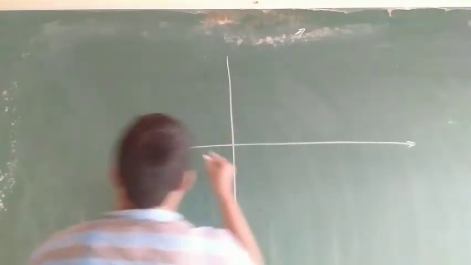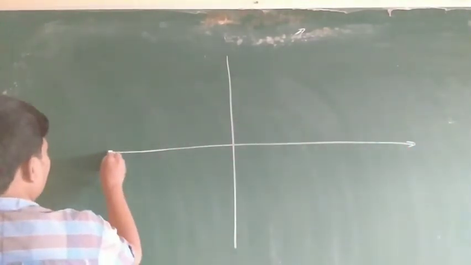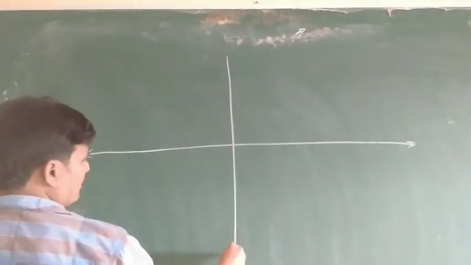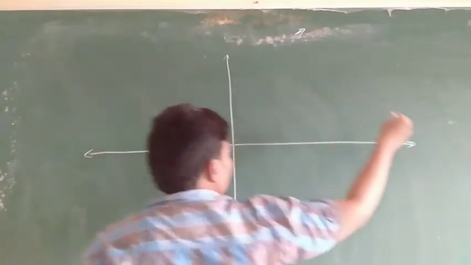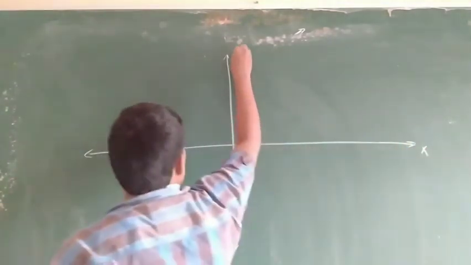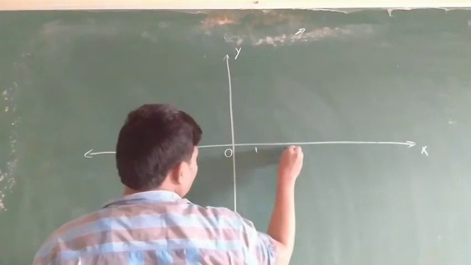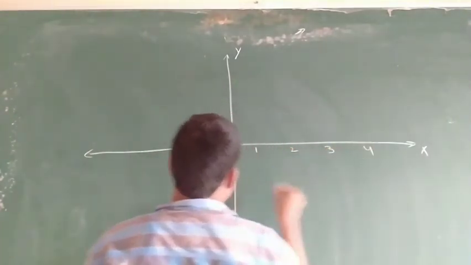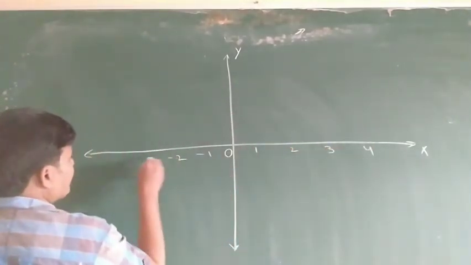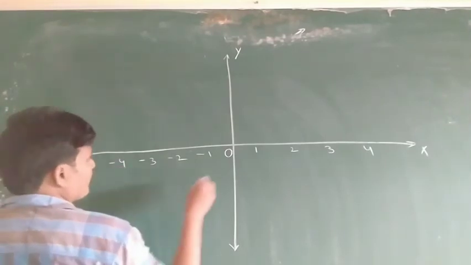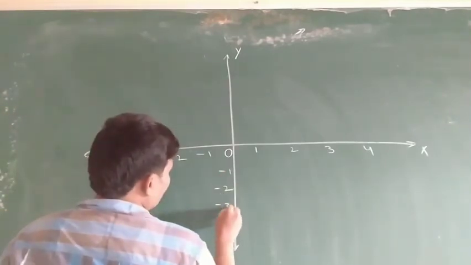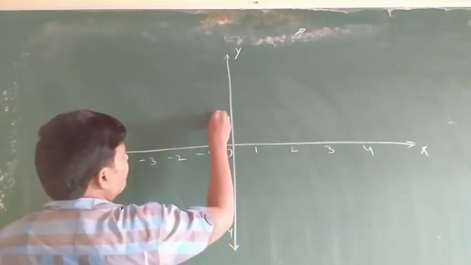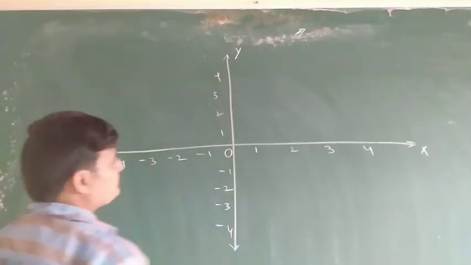Graph. X axis, y axis. 0, 1, 2, 3, 4. Minus 1, minus 2, minus 3, minus 4.